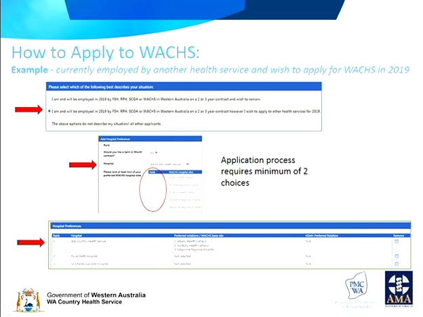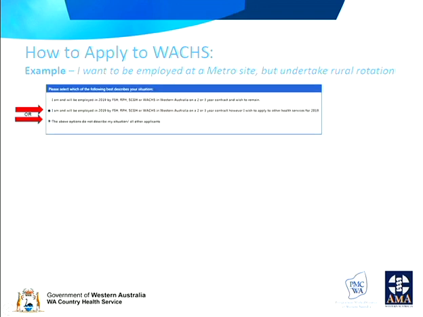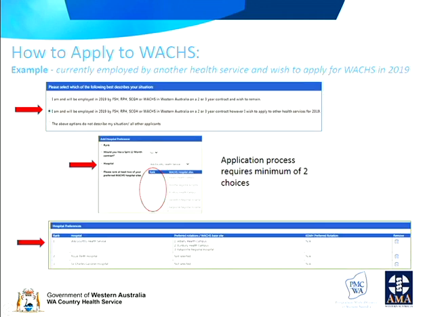And then you go on to rank your other preferred primary employing health services below that. And of course, as Helen mentioned in the beginning, that is the longer application process, and that is when you do attach your selection criteria and your CV, because it will be assessed by a new employer.